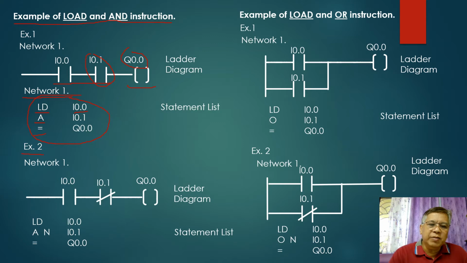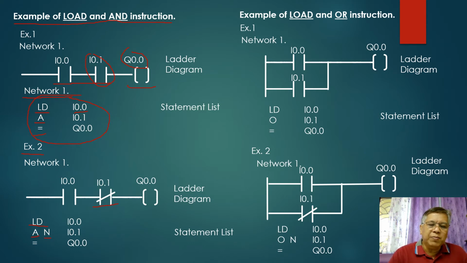Here is another example, example number 2. Again it is in series form, but this time I0.1 is normally closed. Again, the first step is to load I0.0, so LD I0.0. Then since I0.1 is connected in series with I0.0, you have AND, and since it is normally closed, you have NOT.